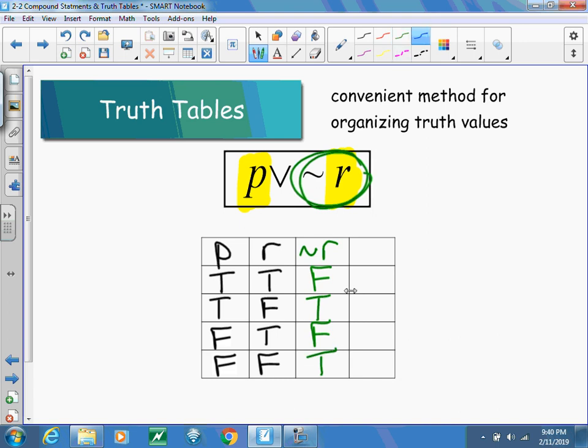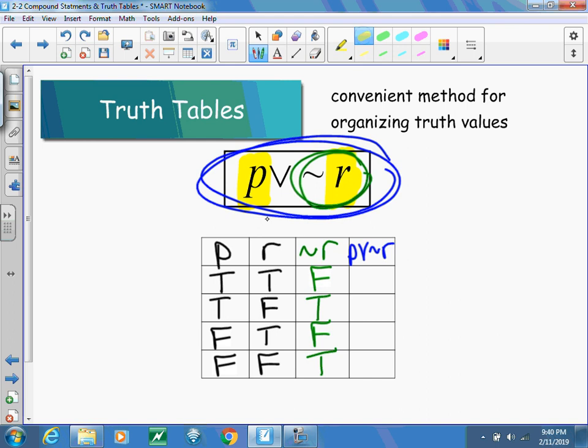My last and final column that's going to be here is going to be our entire compound statement, which is the disjunction of P and the negation of R. So the two columns that I'm going to look at are statement P as well as the negation of R, and I'm looking at the or between the two of them.